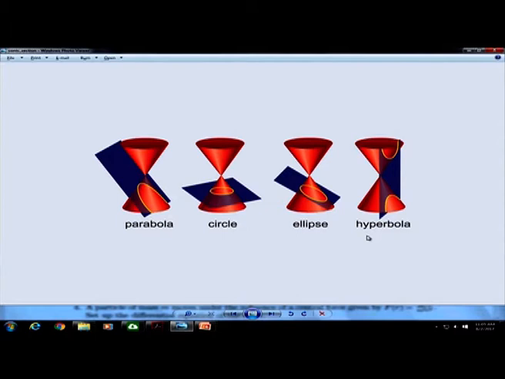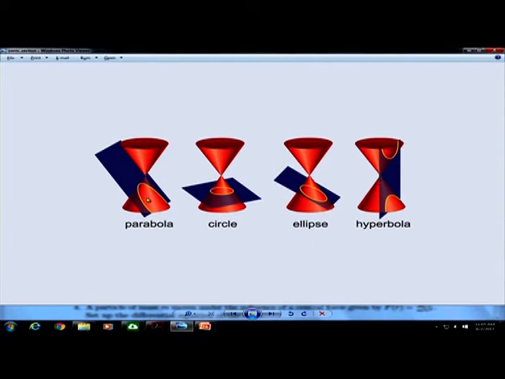So, one component comes from the interception with the lower cone, and the other component comes from the interception of the upper cone, which is vertically placed on top of the lower cone.